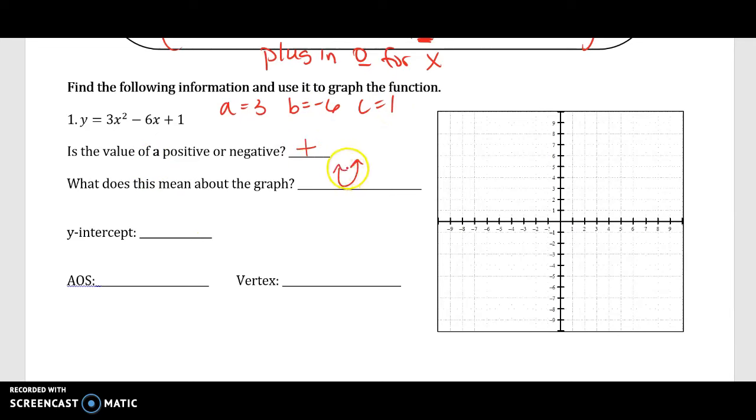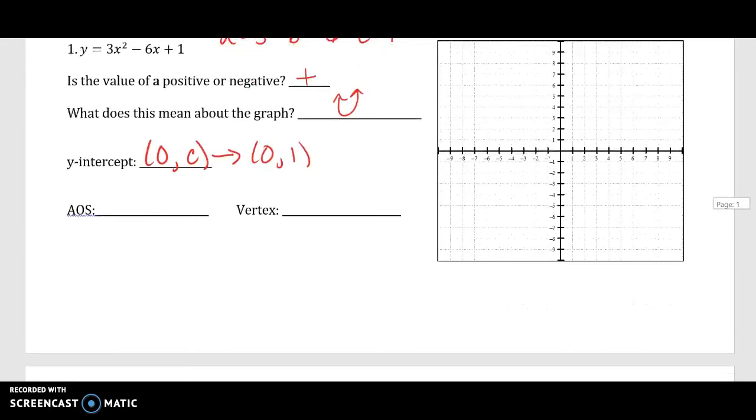It means that our parabola is going to open up. Our y-intercept is always 0, c, or if you really want to, plug in 0 for x. When you do that, 3 times 0 minus 6 times 0 leaves you with a y-intercept of 0, 1.